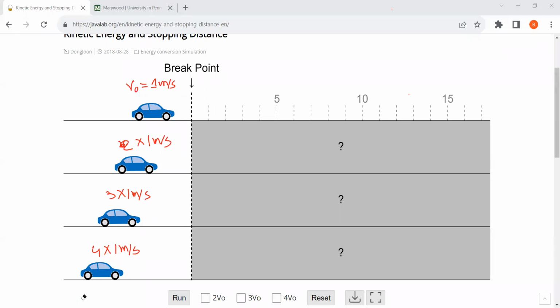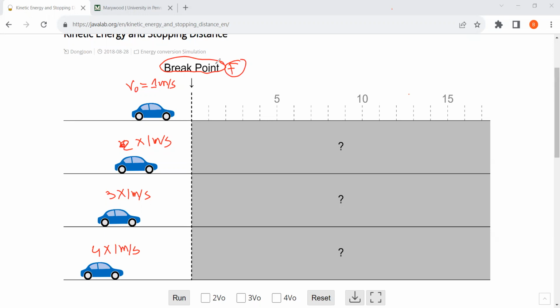Now, when all the cars are at this brake point, we hit the brake. Brake point means we hit the brake, and the force we apply is the same for all these cars. Let's say we apply the same force F for all these cars. Here I want to show that when the car is moving at higher speed, the car will stop at a further distance.